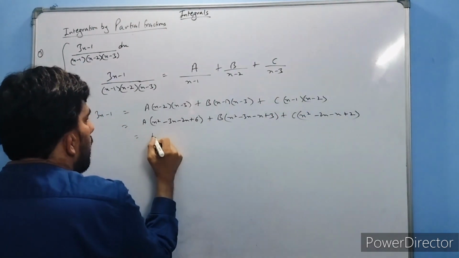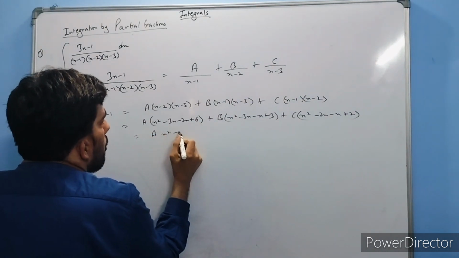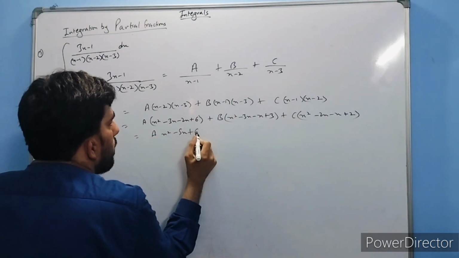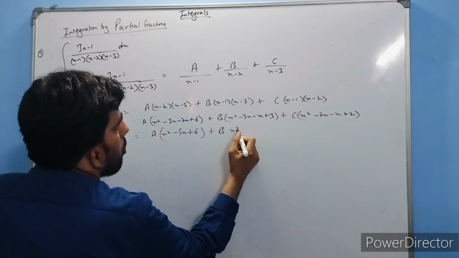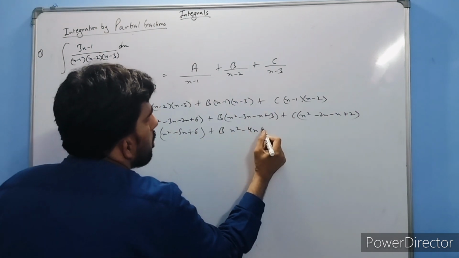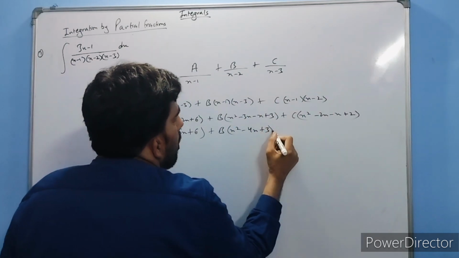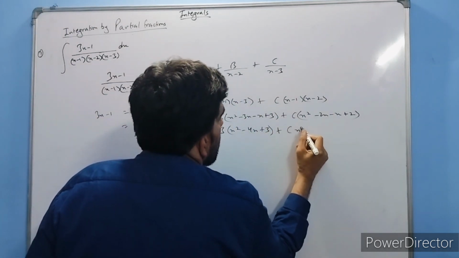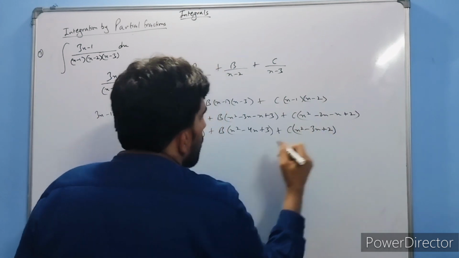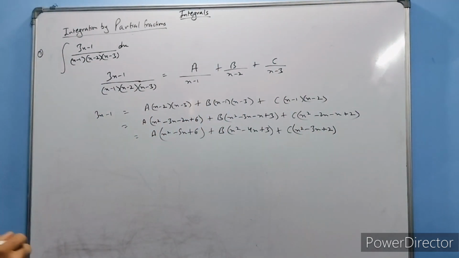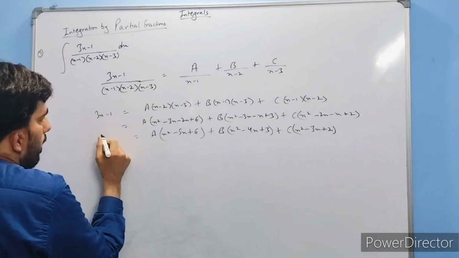So I have a(x square minus 5x plus 6) plus b(x square minus 4x plus 3) plus c(x square minus 3x plus 2). Now let's compare.